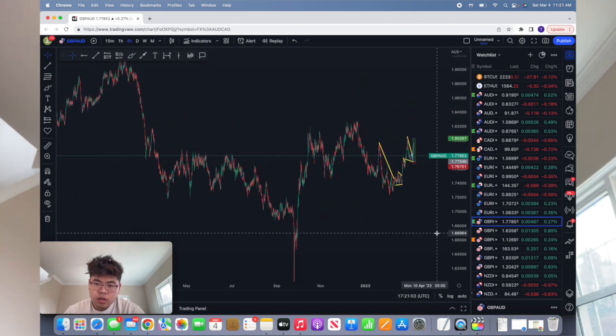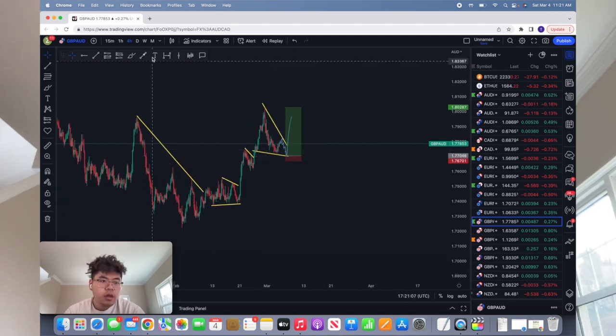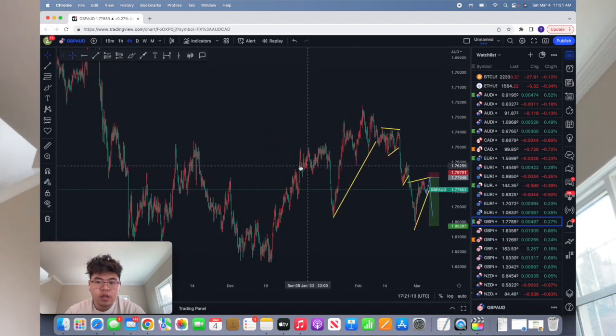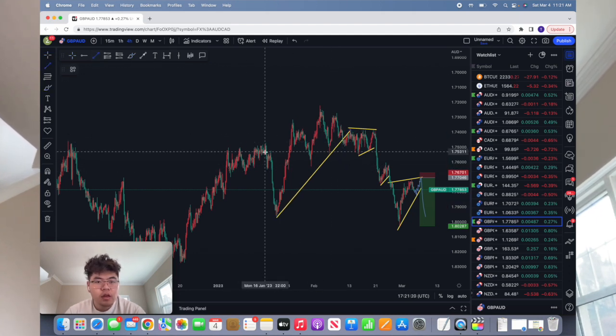What do we see here? Right now, I can kind of see a commitment here for GBP AUD. So let's flip it back. You can kind of see a correction here, right? A correction on this end.